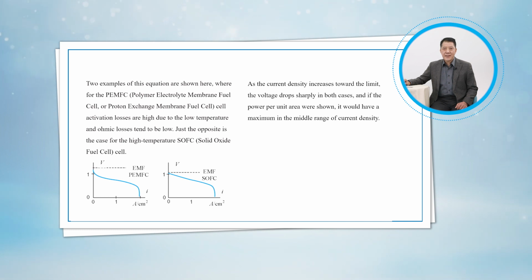As the current density increases toward the limit, the voltage drops sharply in both cases, and if the power per unit area were shown, it would have a maximum in the middle range of current density.